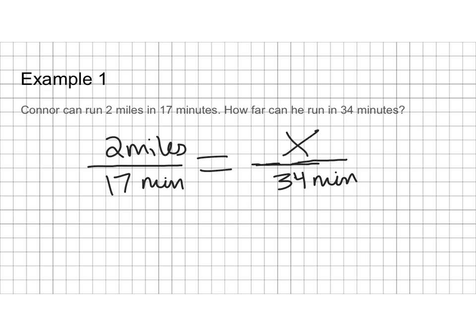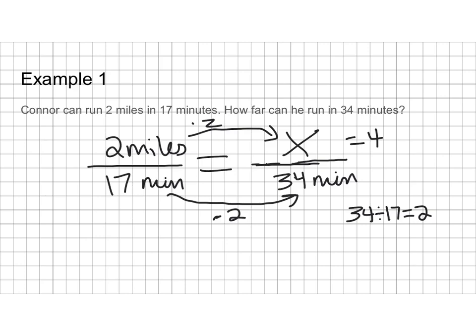All right, but our solving method is the same. So we look at the two parts that we know, the 17 and the 34, and we say that's twice as much. If we aren't sure, then we could do 34 divided by 17 and see that that does give us 2, which means that this also has to be double, which means that x equals 4, or 4 miles.